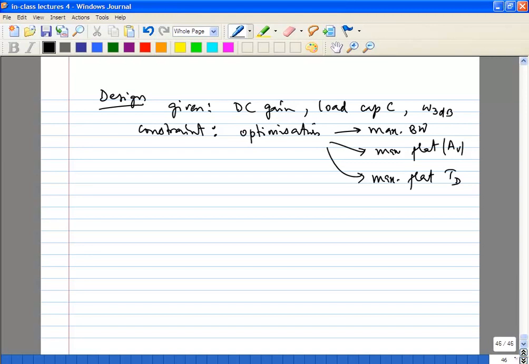You will choose one of these three depending on whichever one is important. Actually, sorry, your omega 3 dB is the bandwidth you need for your signal. It's not necessarily the initial bandwidth, it's what bandwidth you need finally.